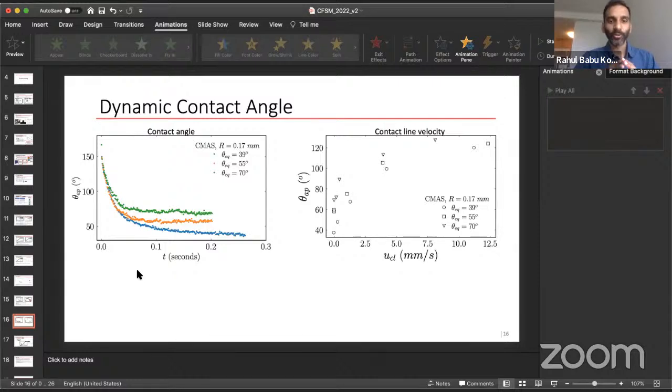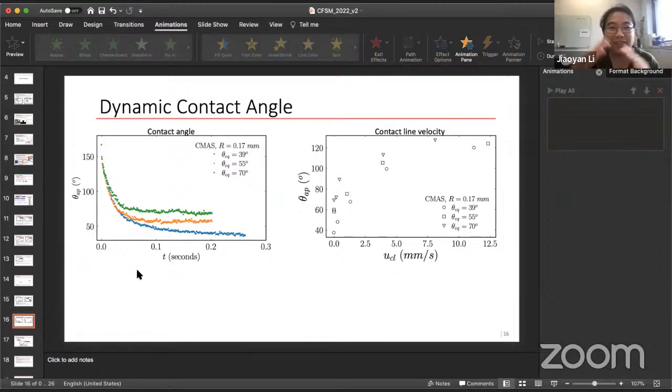To compute the contact angle, we basically do a curve fitting to the surface of the water drop. So we fit an approximate sphere to the interface particles.